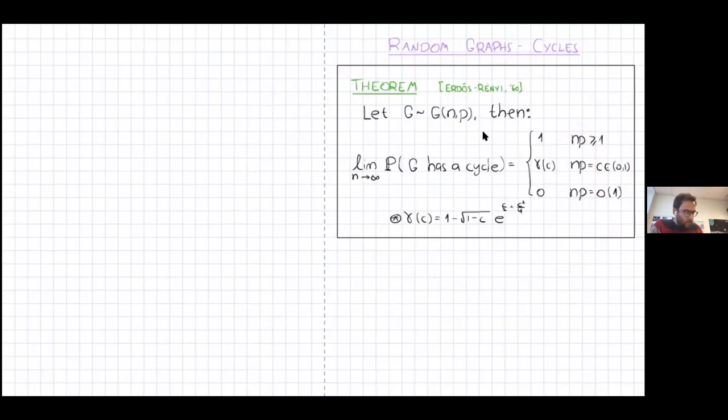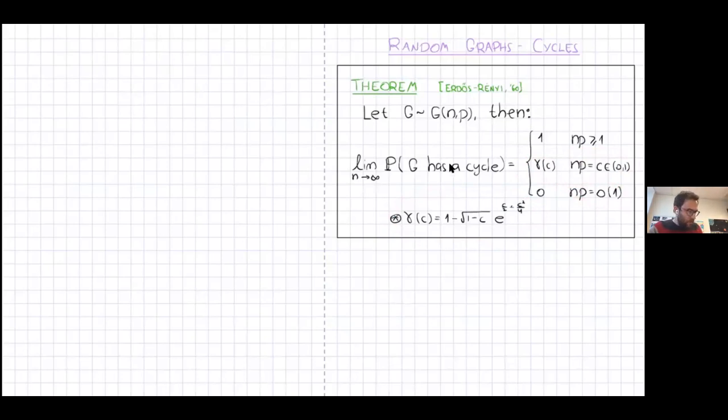What one can prove is that when np is constant, there is a transition for the probability to have a cycle. If n times p, the expected degree, is above 1, then with probability approaching 1, you have a cycle. If it's below 1 and above 0, there is some function that tells you what the probability is. And if it's much smaller than 1, then you don't have any cycles. So this is, again, the result for random graphs.